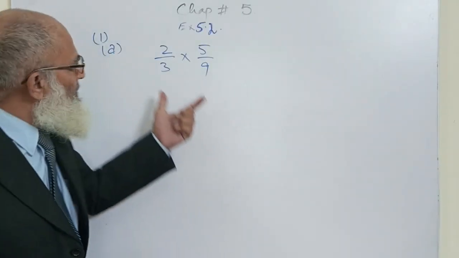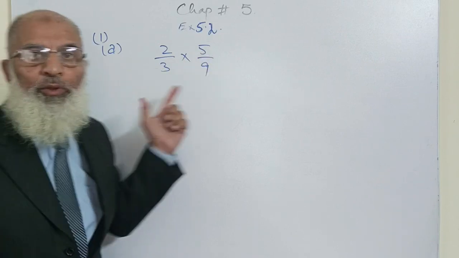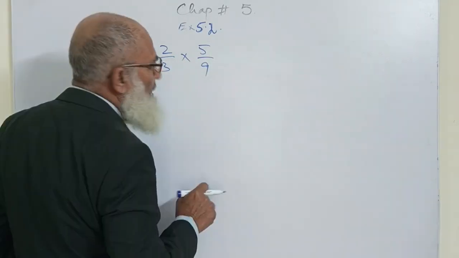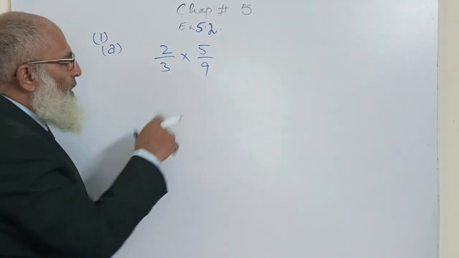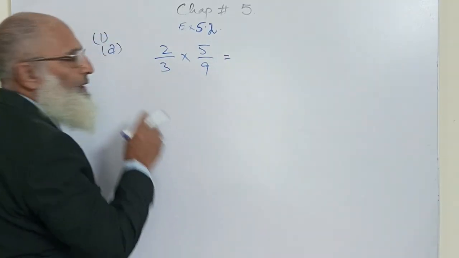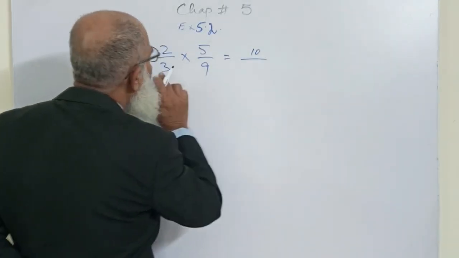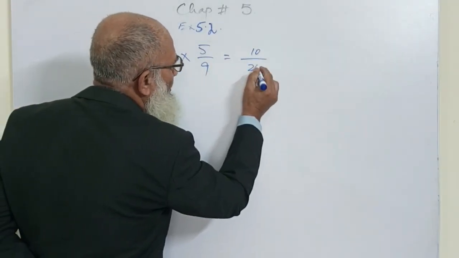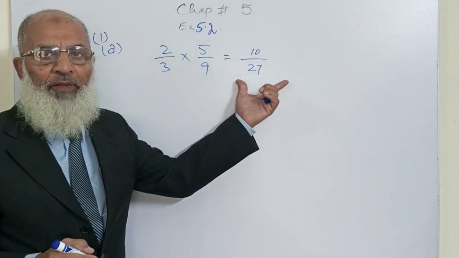If a question comes, I'll tell you how to simplify before going into the multiplication. So it is not possible to simplify it more, so we'll go for the direct multiplication. 2 5 times 10 and 3 9 times 27. So it is the simplest form we can have now.